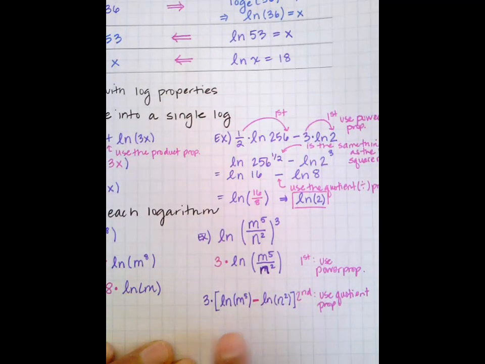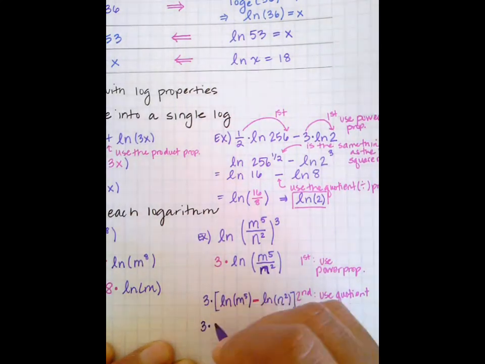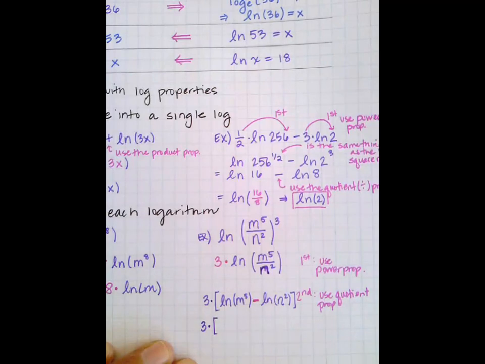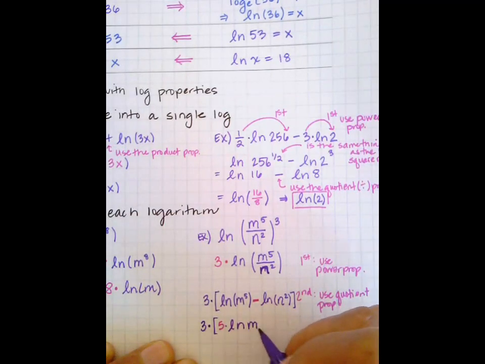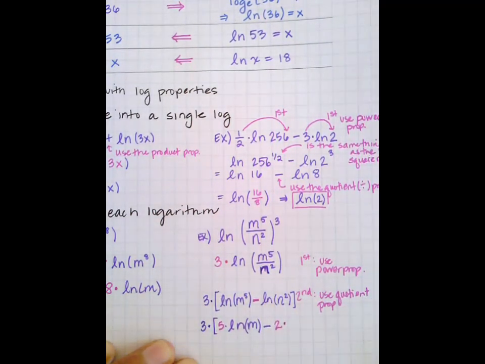And finally, I could use the power property again because I see an m to the 5th, being careful with the fact that there's a 3 that applies to everything here. So this is really the same thing as 3 times, and I'll just keep it here in the parentheses, 5 times the ln of m. And again, we've got minus. But now this 2 comes down in the front because I'm using the power property to knock that power down.